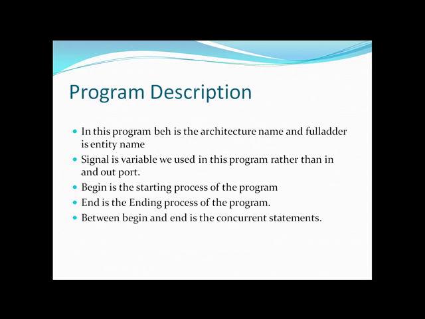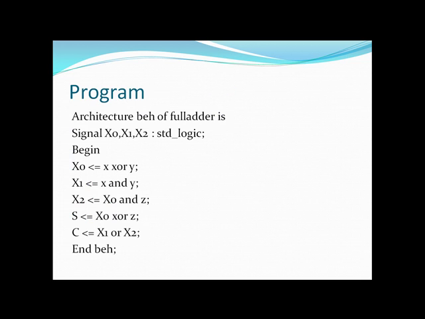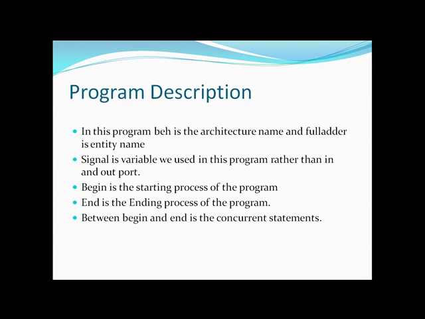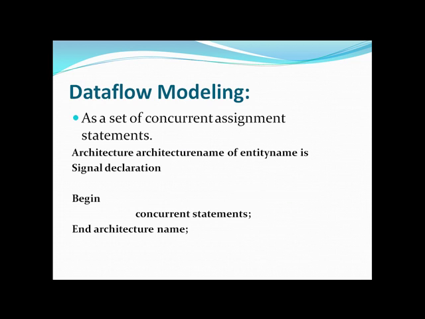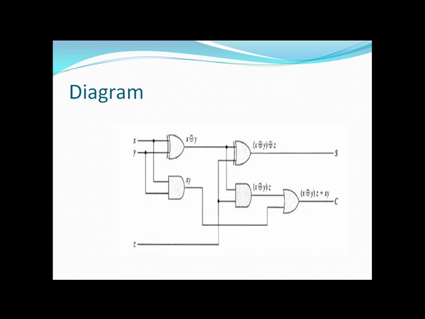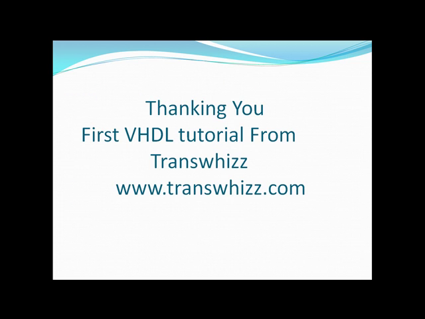In between begin and end we have statements, which we call concurrent statements, and these are about data flow modeling. There are data flow, structural and behavioral modeling. Now we have seen data flow modeling, and in the next tutorials we will see behavioral modeling and structural modeling. Thank you for watching a VHDL tutorial.